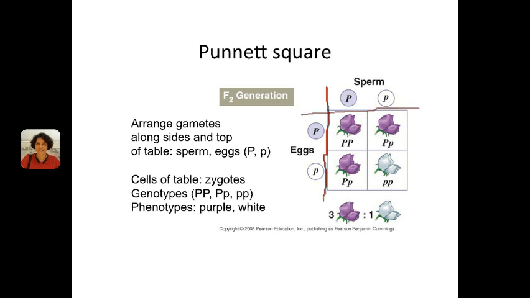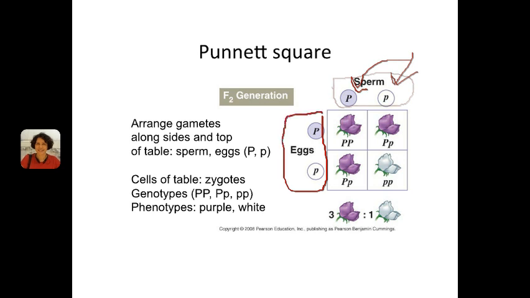So it's basically a table, and on the top you're going to write down the gametes formed by one of the parents, in this case the male that contributes the sperm, and on the side, on the left side, you write the gametes contributed by the other parent, so the female who contributed the eggs.